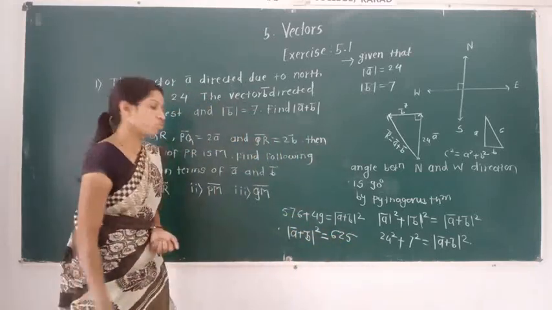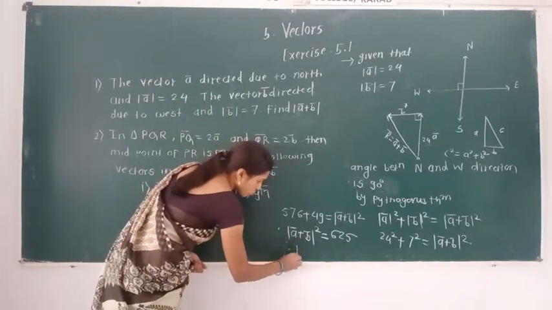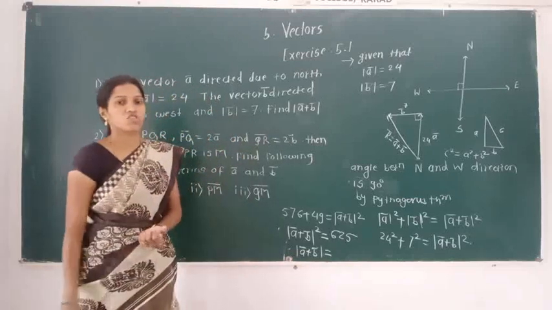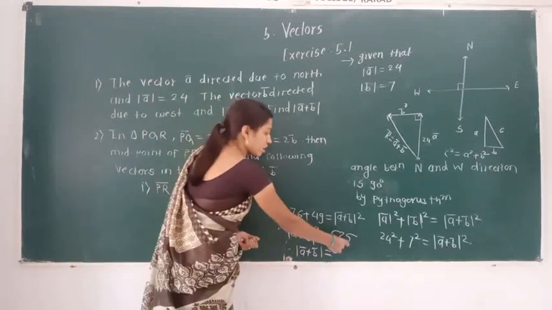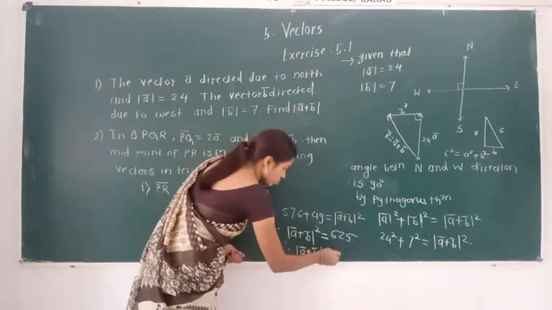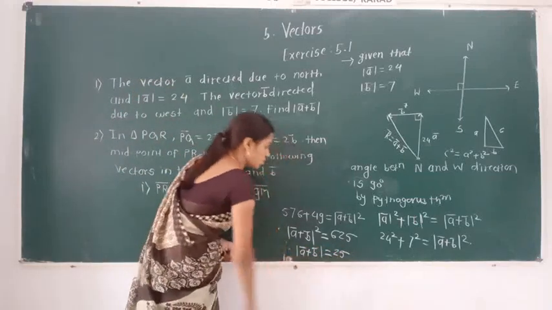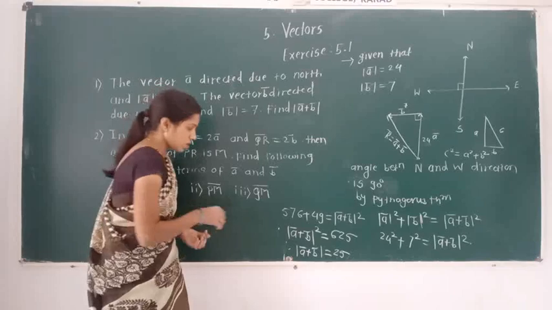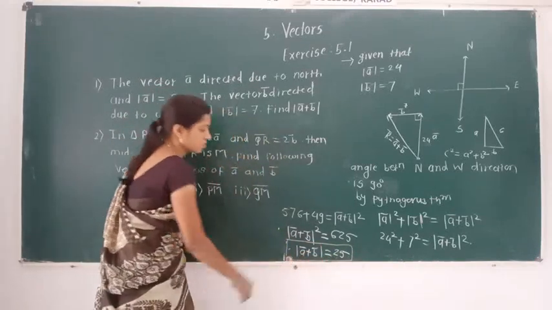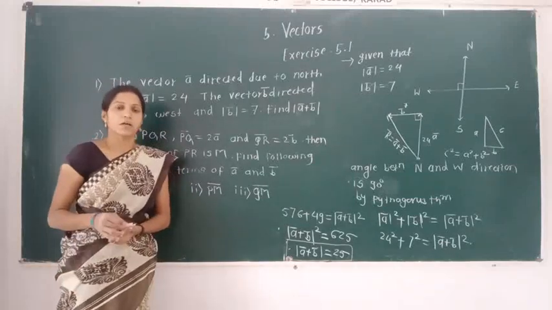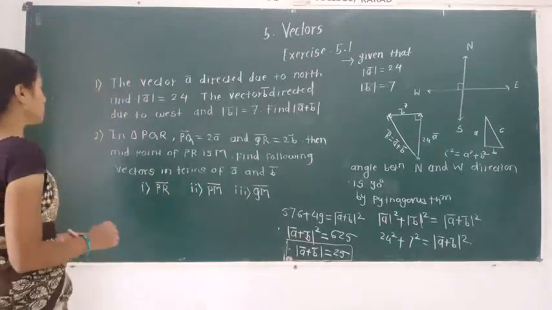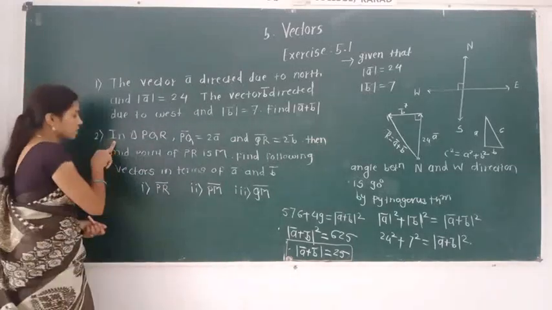And taking square root on both sides, we get the value of mod of A bar plus B bar, which is square root of 625, and square root of 625 is 25. It means the magnitude of A bar plus B bar is 25 by using the Pythagoras theorem. Now let's see question number 2.